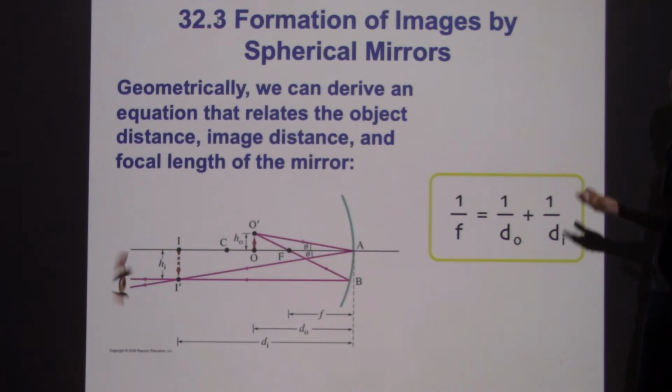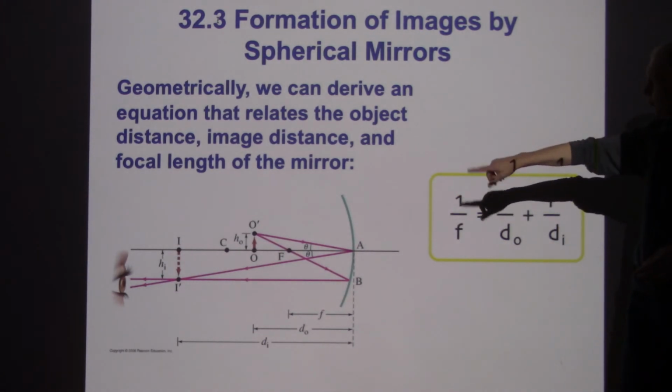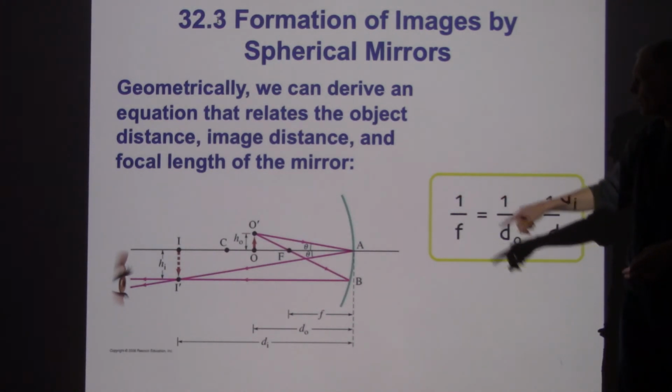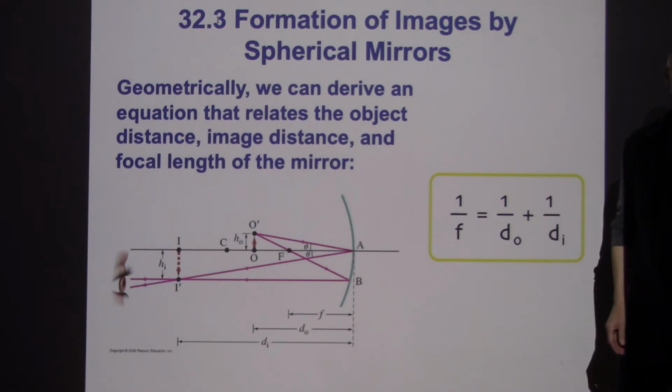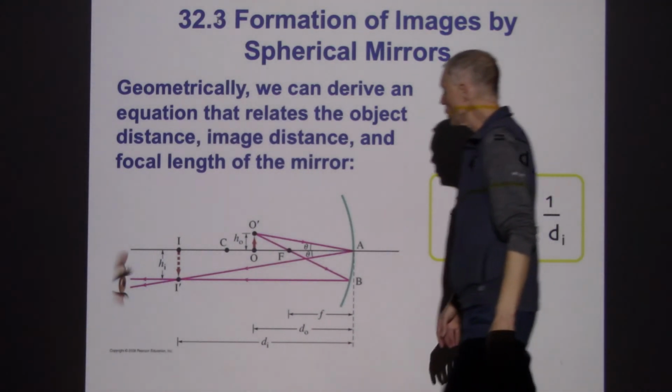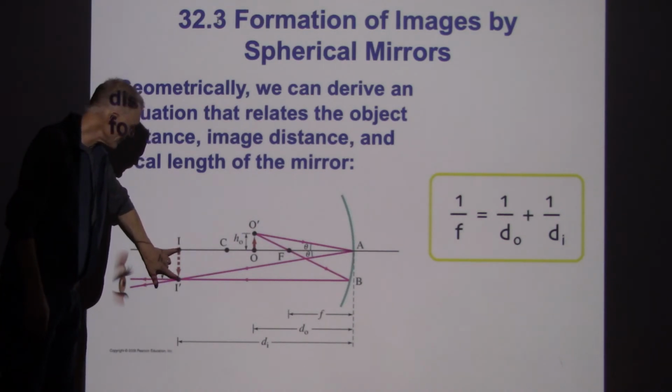And what that's telling us physically is that the way light works, if light can follow the paths in the direction that our arrows are in this diagram, we can certainly reverse the arrows. So the arrows can always be reversed. And so if the arrows are going to get reversed, then I could have the object here.